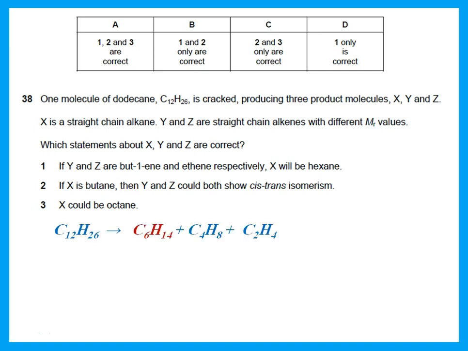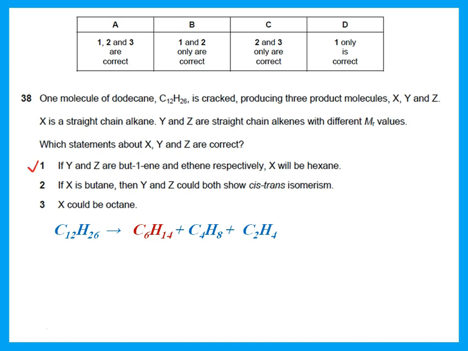Well, let's take a look. The dodecane is C12. So if I crack it so that it gives butene, which is C4H8, and ethene, C2H4, then I'm left with C6H14, that is hexane, so that is correct.